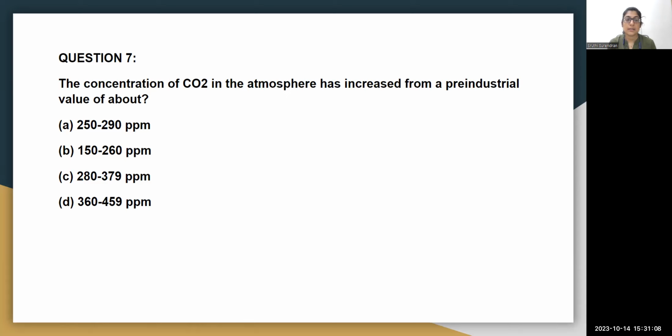The pre-industrial era is before this industrial revolution. So what was the concentration of carbon dioxide before, and to what extent has it increased, is the question.